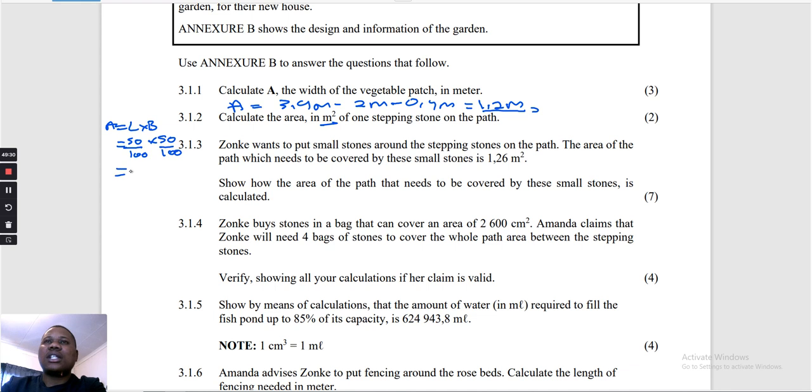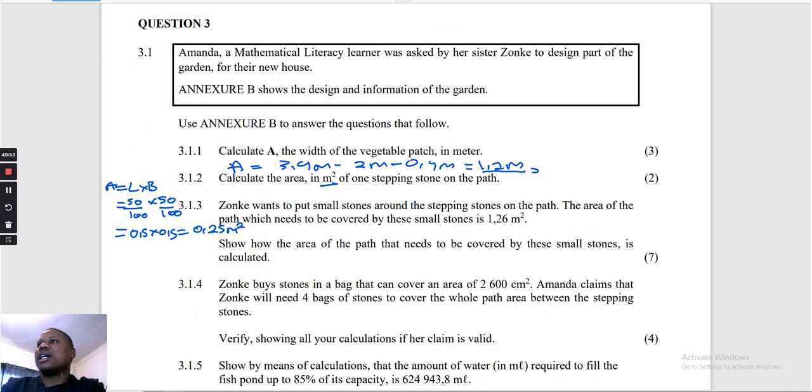So that is 0.5 multiplied by 0.5, which is 0.25 meter squared. But let me show you another calculation that someone might do. Someone will say 50 multiplied by 50, and then it will give them 2500.